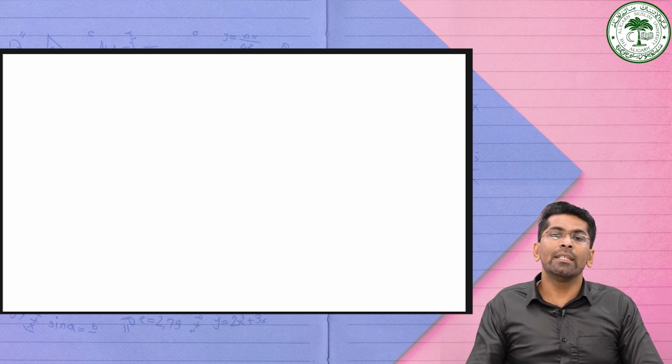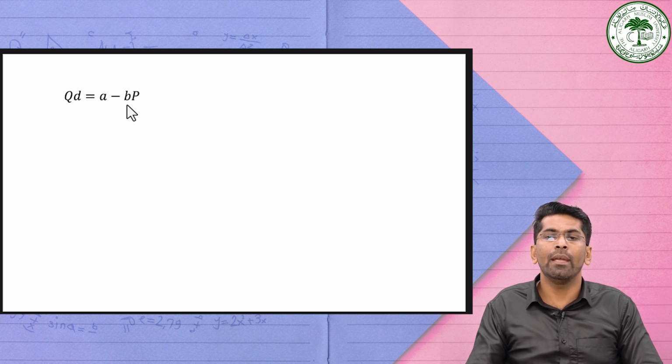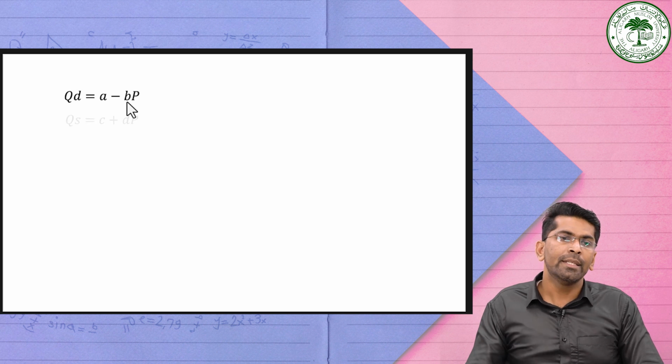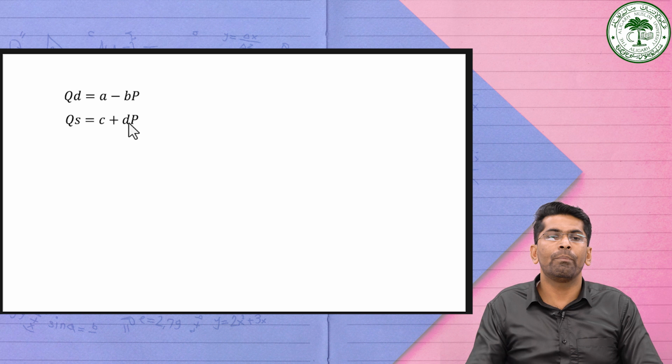So let us consider a simple linear demand function. Quantity demanded is equal to A minus BP. The negative sign before B indicates that the demand curve slopes downwards. There exists an inverse relationship between price and quantity demanded. Similarly, we have the quantity supplied, that is C plus DP.